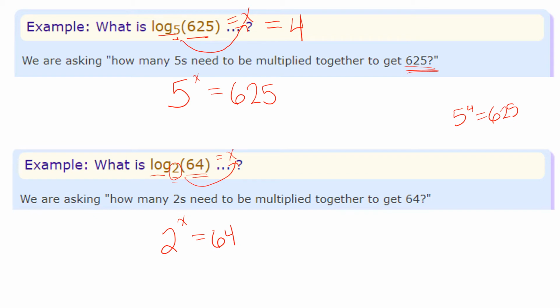The question being asked when I say log base 2 of 64 is, how many 2s need to be multiplied together to get 64? What power do I need to raise 2 to to get 64? Now I happen to have it on good authority that 2 to the 6th is equal to 64. So the answer to this is 6, because 2 to the 6th power gives us 64.